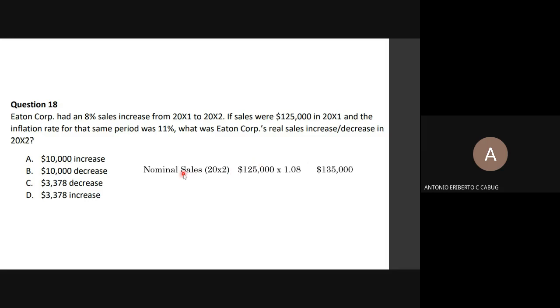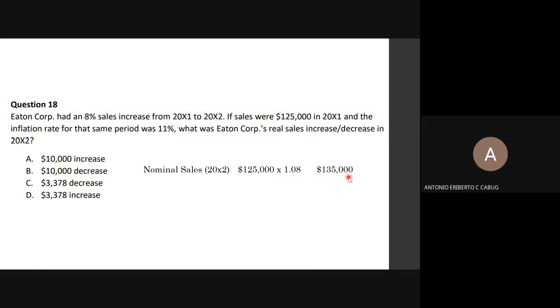So let us look at the nominal sales increase. Nominal kasama yung inflation. Sales were $125,000 in 20x1. Tumaas siya ng 8% ng 20x2. 125,000 times 1.08, it became $135,000.